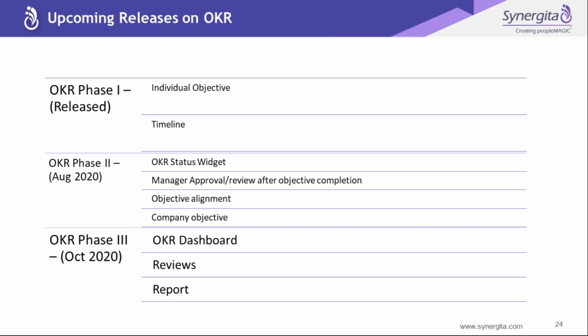A few OKR experts say it is recommended, but a few say it really restricts. If I pick up my organization's key results, the KRs, and make that my team's objective, what happens? My thought process stops there, which the OKR culture doesn't recommend. So there is a mixed opinion.